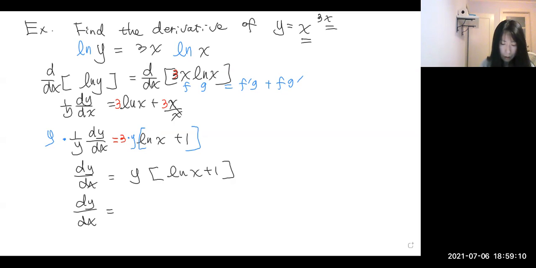So we have a 3 there, and y equal to x to the 3x power, right? Then this will be ln x plus 1.